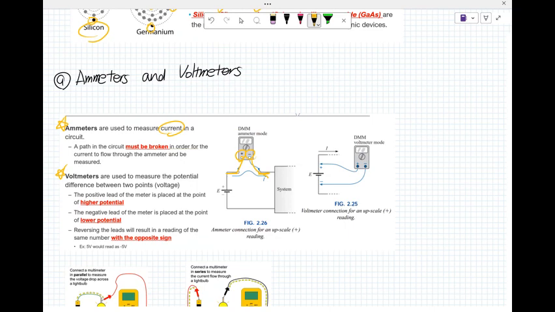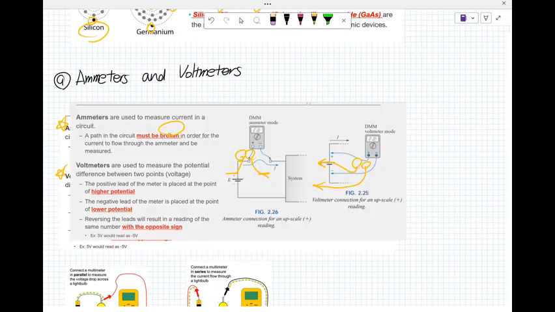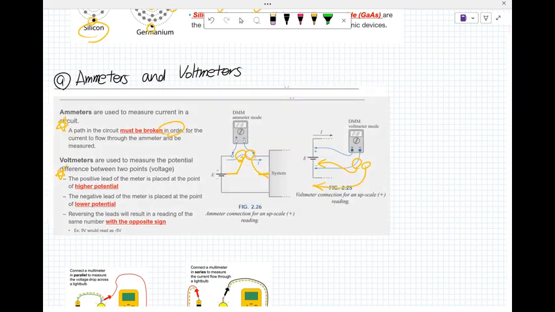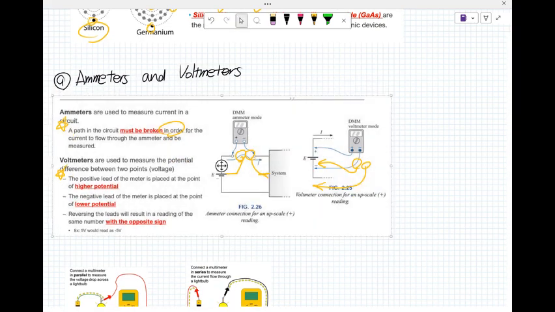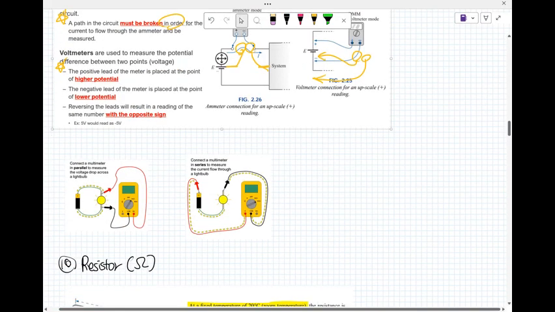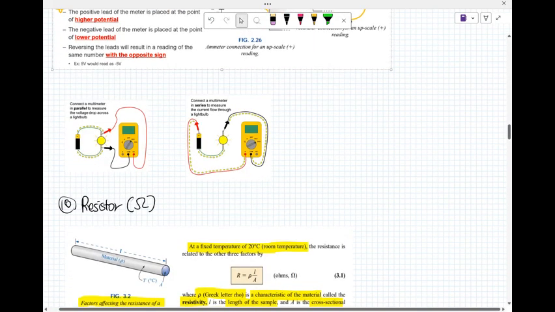However, the voltmeter leads should be the red one, plus, positive, and the black one from the DMM is negative. That is the approach to measure voltage and current using the DMM.